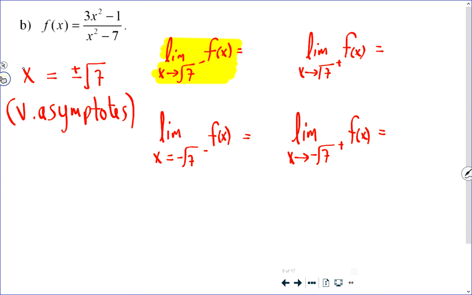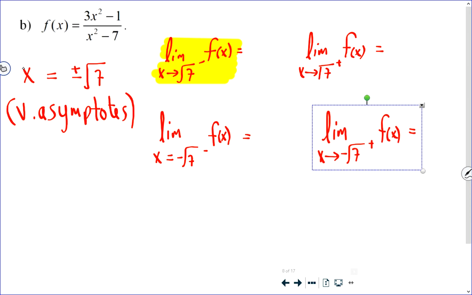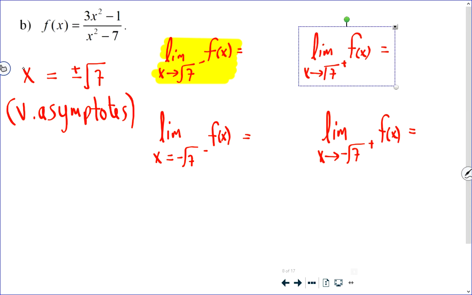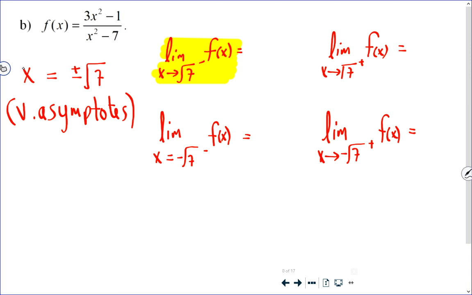If you get a negative result, then that limit I've highlighted would be negative infinity. If you get a positive result, then that limit would be positive infinity. And you would have to do that with all 4 of these limits.